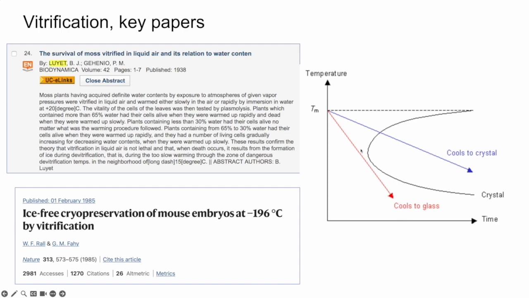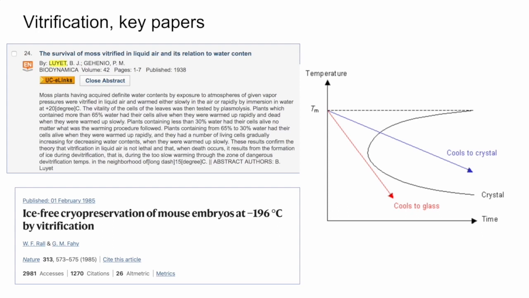And if you go with this cooling rate, then you'll have ice formation. That's the whole field of vitrification, namely what composition and what cooling rates cause vitrification. And vitrification is good for preservation because once you have vitrified something, nothing can happen. Chemical reactions cannot happen anymore.